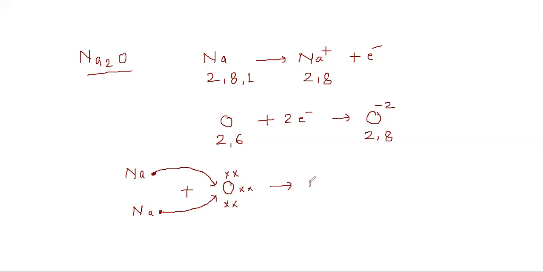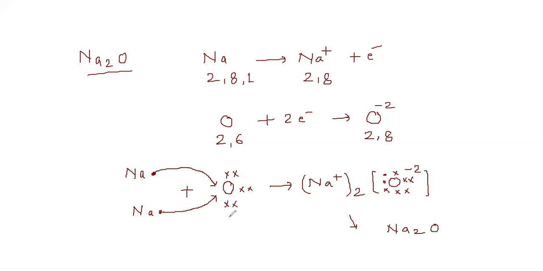So this becomes Na+, and oxygen 2-. Since it has acquired 2 electrons, so those 2 electrons, then rest electrons of oxygen 6. So this is how we have got Na2O.